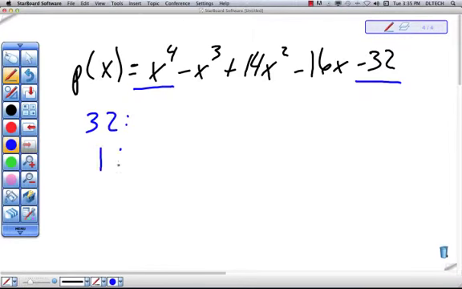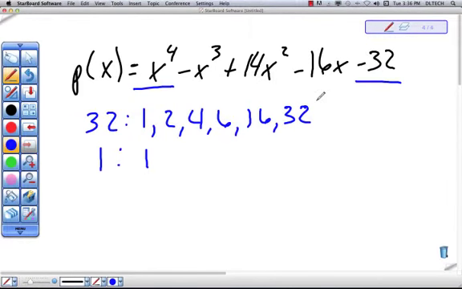From these two numbers, we're going to find all factors of both numbers. For 32, 1, 2, 4, 8, 16, and 32 are all factors of 32. Factors of 1 is just 1. After finding all the factors, we're going to divide the top numbers by the ones at the bottom.